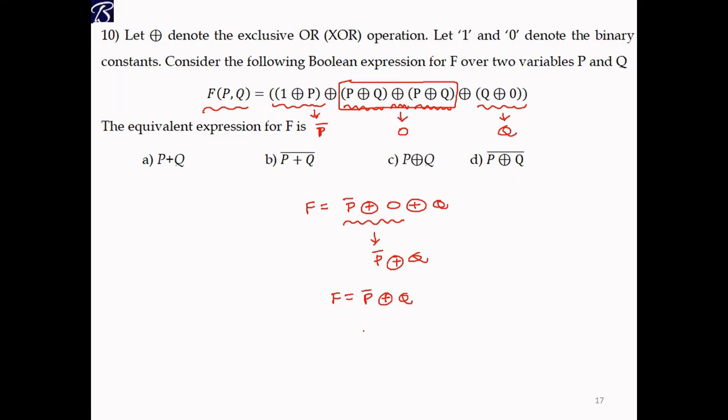This also we can write as, let us say this is P, this is Q, so this is F. This can also be written as P, Q. P bar XOR with Q equals P XOR with Q whole bar.